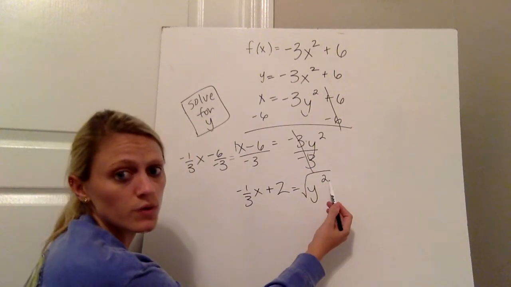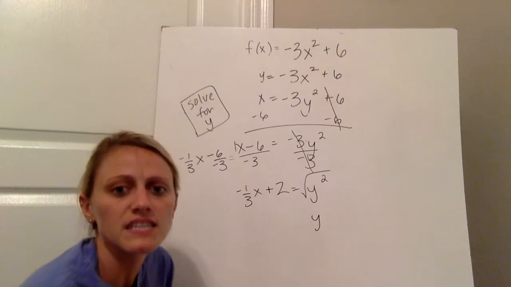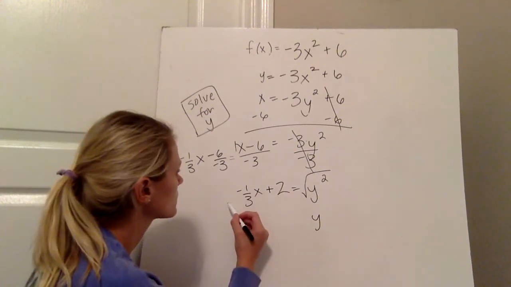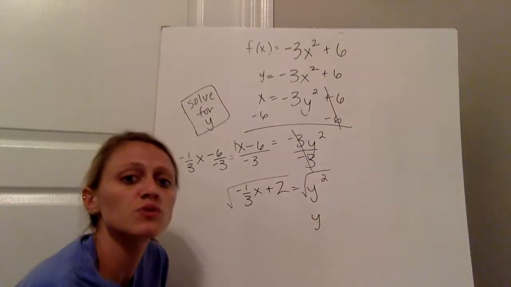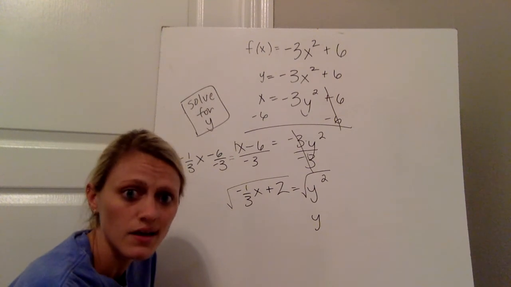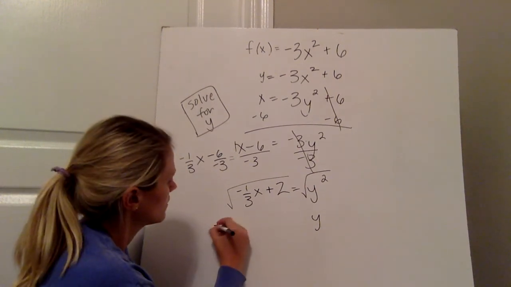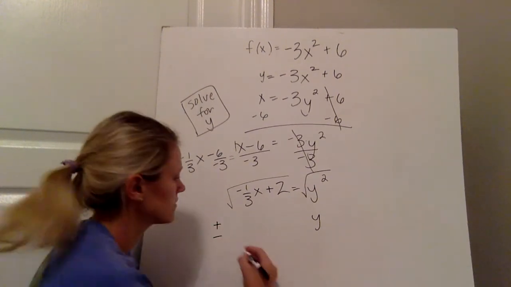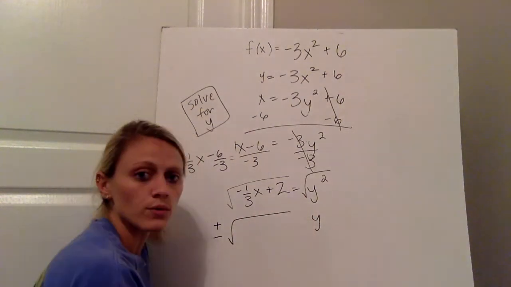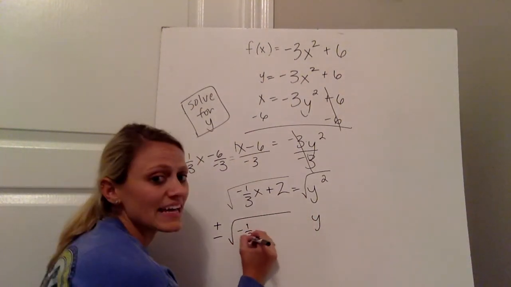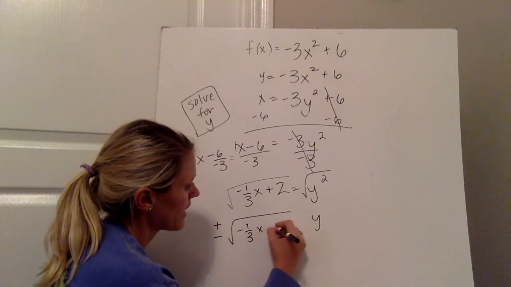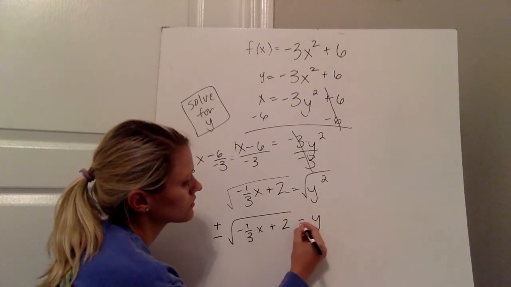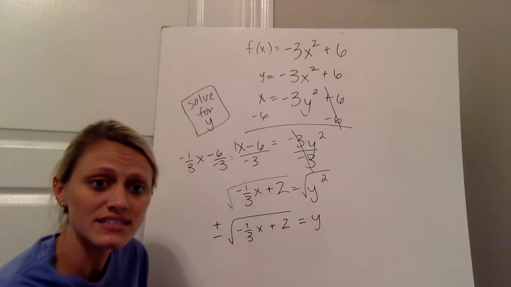Once you find the square root of something squared, that's going to leave us with y. We've got to do it over here as well. So remember, it's going to be plus or minus the square root of negative 1/3 x plus 2. Y is now by itself.